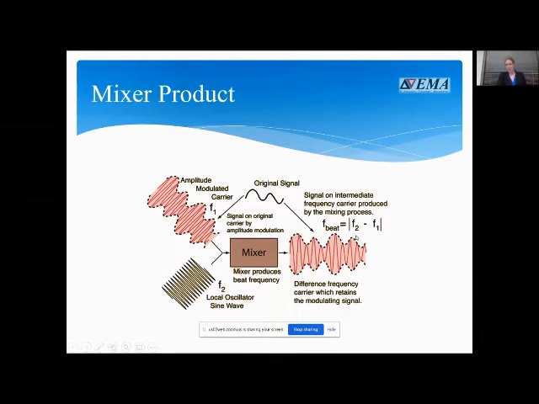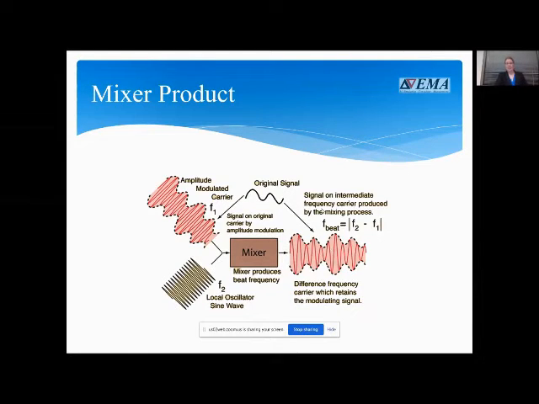That's the absolute value of F2 minus F1. And so when you tune your radio, what's going on is that you're changing F2 so that it combines with the frequency you want from F1 to produce the same beat frequency, which becomes your intermediate frequency, which is then the thing that is actually transmitted to the user.